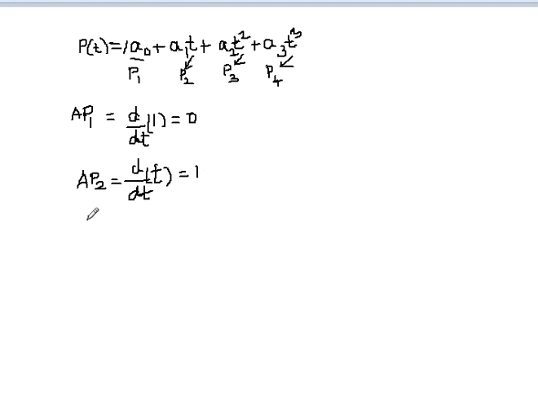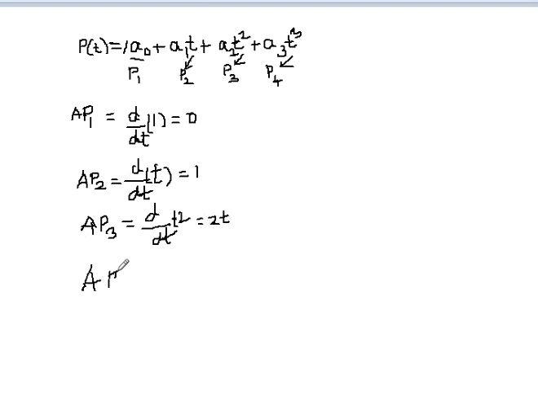Similarly, A p3 is d by dt of t square, which is going to be 2t. And what is A p4?